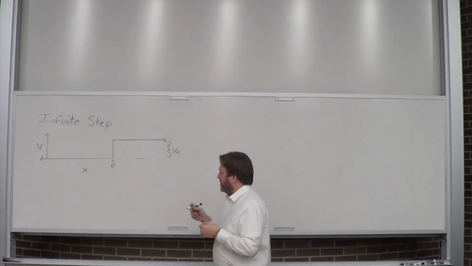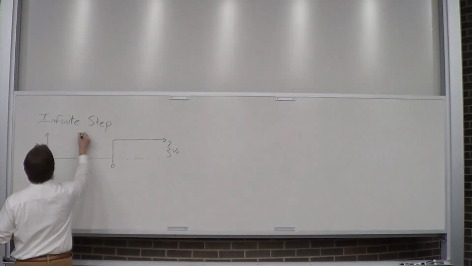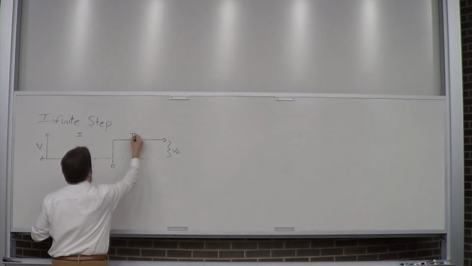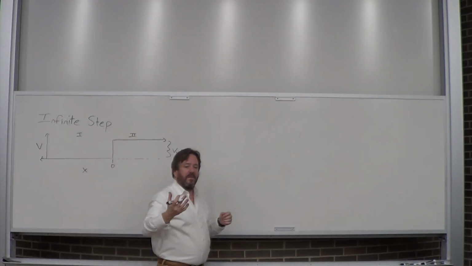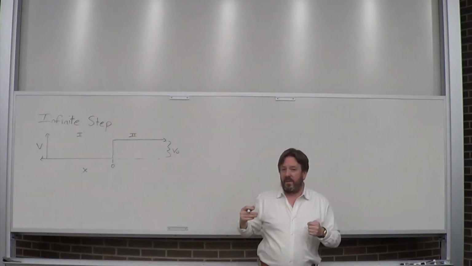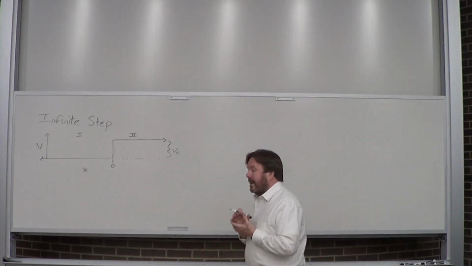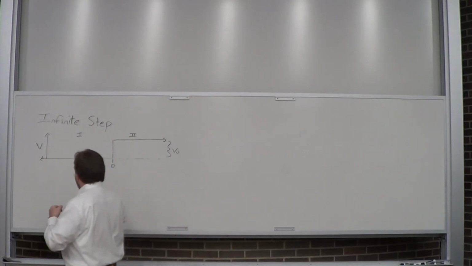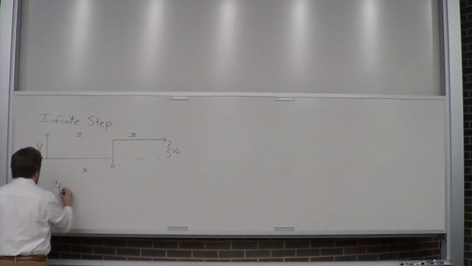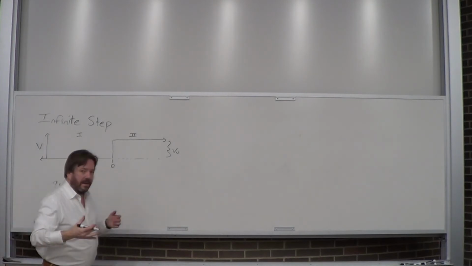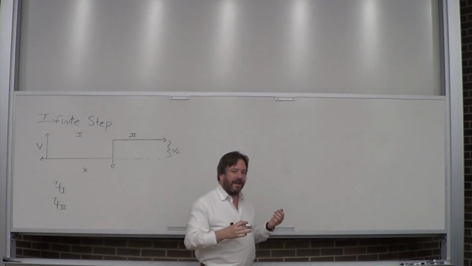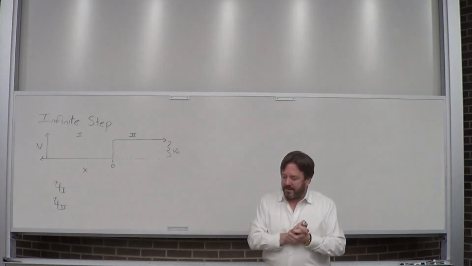Well, I'm going to have regions 1 and 2. So again, it's already a little bit easier than the finite box. This is why I can actually solve this one, and I want you to see that. Then I can define a wave function in region 1 and a wave function in region 2. We're going to have A, B, C, D, and e to the ikx and e to the minus ikx. But here's the thing.